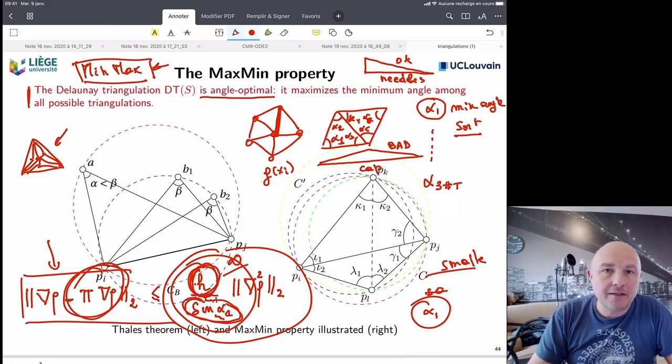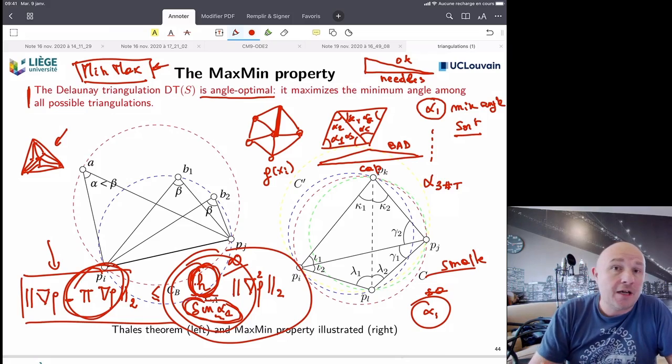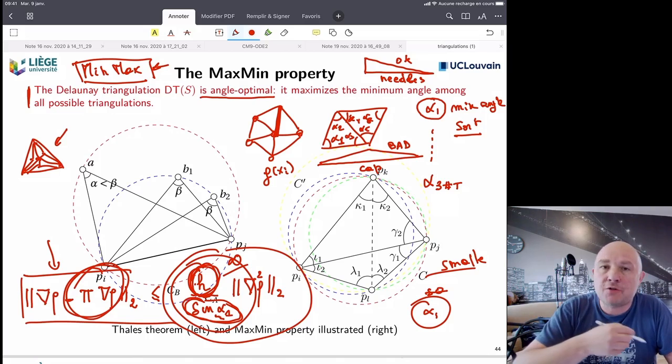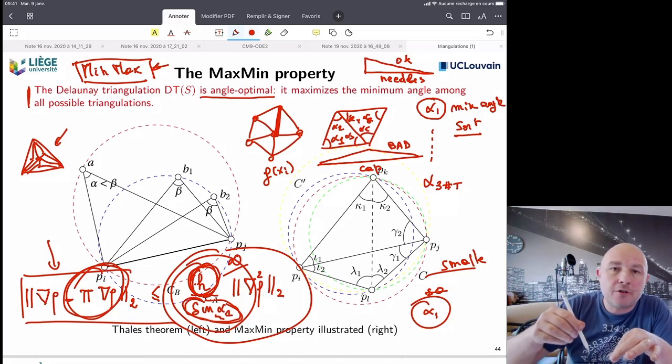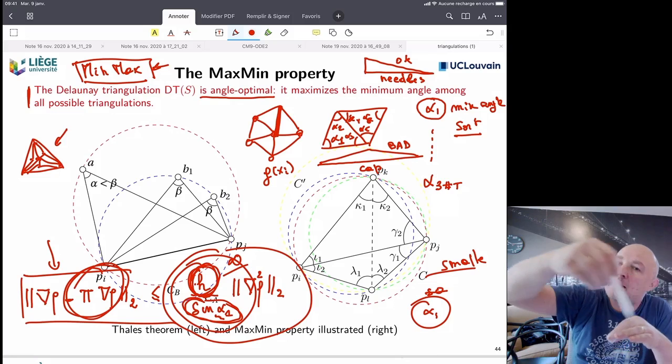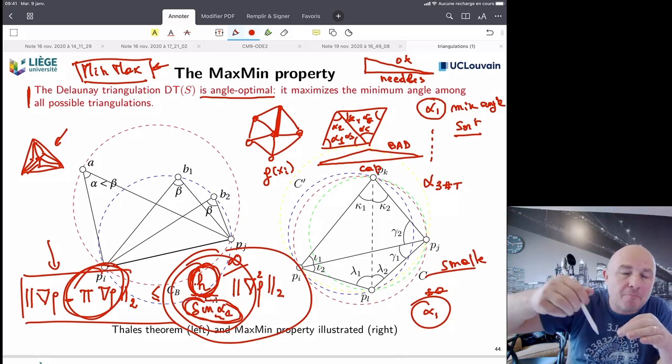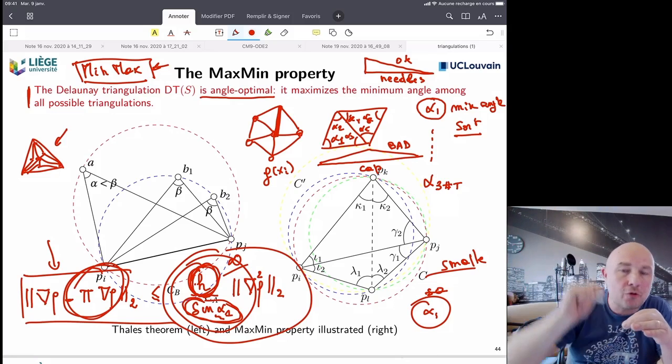And again, obtuse angles have a lot of drawbacks in finite elements. For example, Laplace operators have maximum properties. If you have the solution of a Laplace equation at a point inside the domain, the solution at that point cannot be a local maximum or a local minimum.